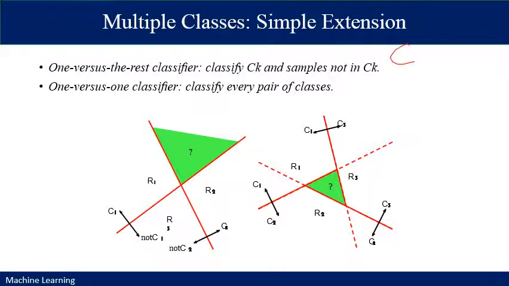So if we have three classes C1, C2, C3, in the first case the first binary function will treat this class as positive and both of these classes as negative. The second may treat this one as positive and the rest of the data as negative.